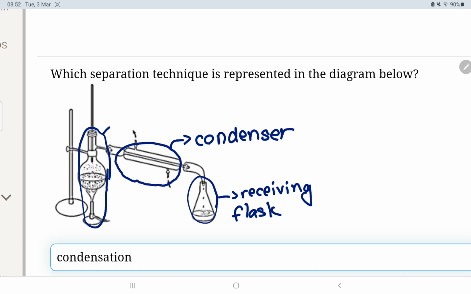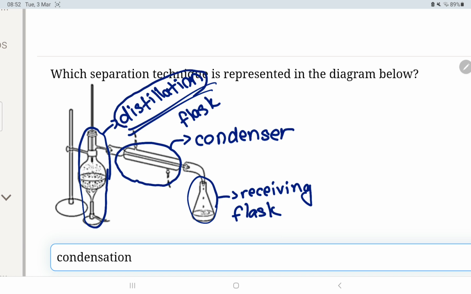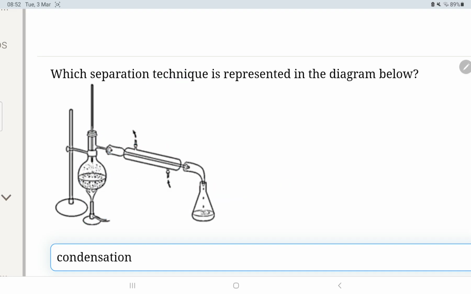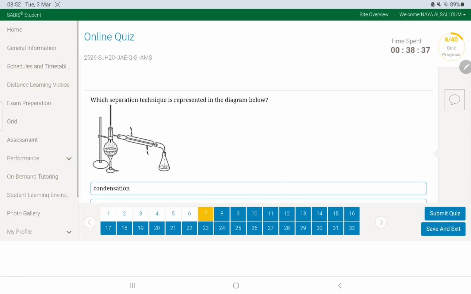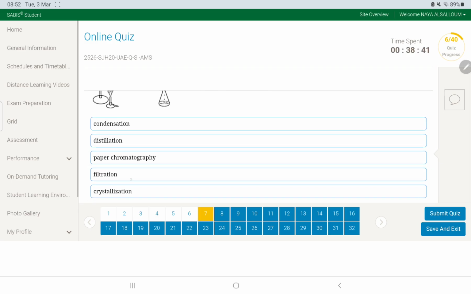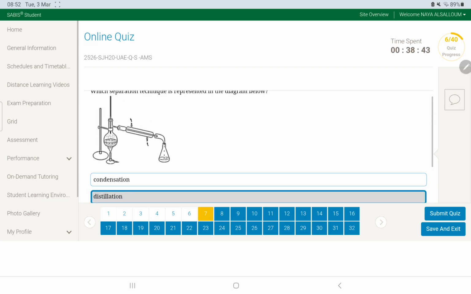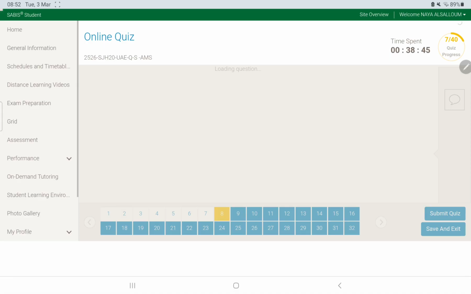This part. What's this part called? The distillation flask. Focus on this word, distillation. So what separation technique are we using here? Distillation, or simple distillation.